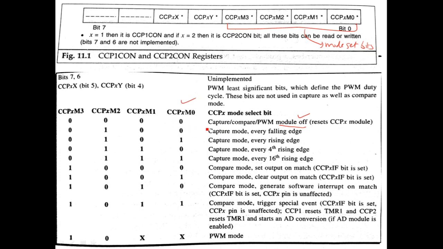Either you can operate this module in the capture mode, or in the compare mode, with various options for the compare mode, or you can operate it in PWM mode. So these are the CCP modes of operation: capture, compare, and PWM. Right now we are discussing the capture mode, and you can see the various options available here.